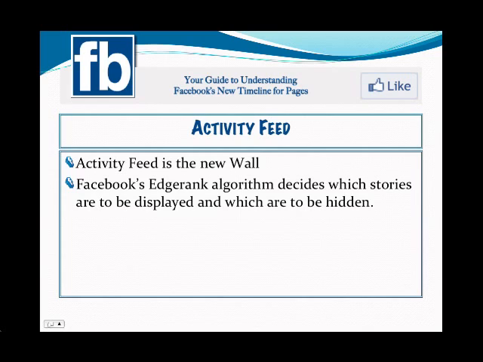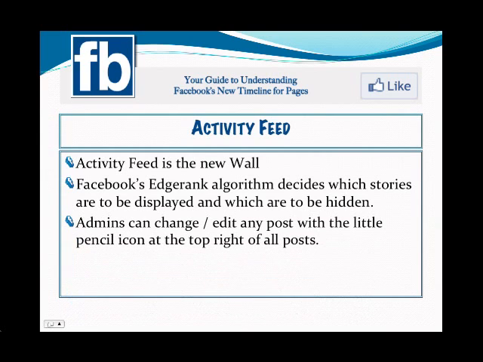So when highlights is chosen, then Facebook is automatically choosing which stories are going to appear to the users there. You can edit or change any of this by clicking the little pencil icon that is at the top right of all the posts, and this allows you to do a lot of different things with those posts, including hiding the post from the feed.